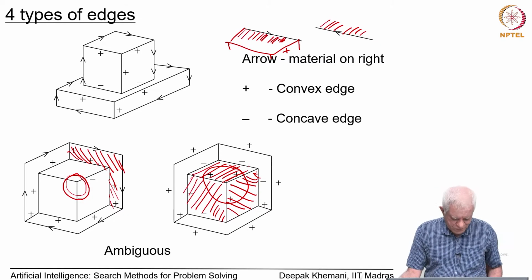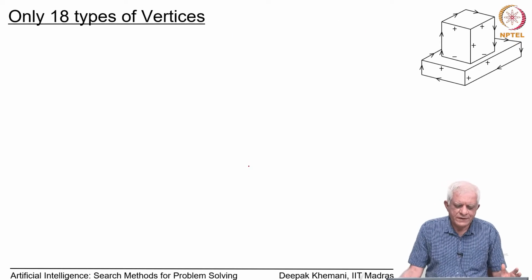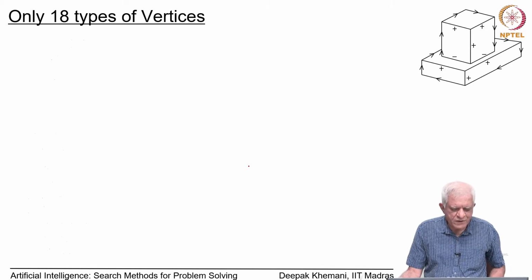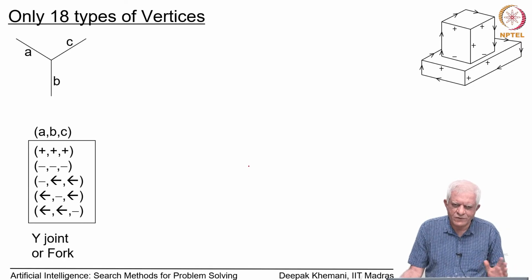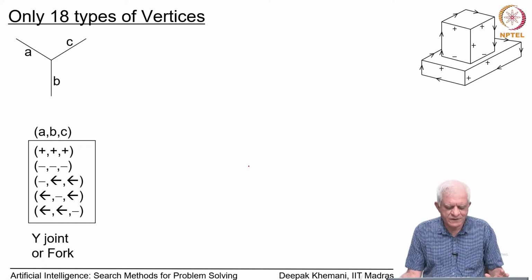So, coming back to the question of 18 types of vertices, what Huffman observed was that, first of all, there are 4 types of vertices. We look at each of them one by one.